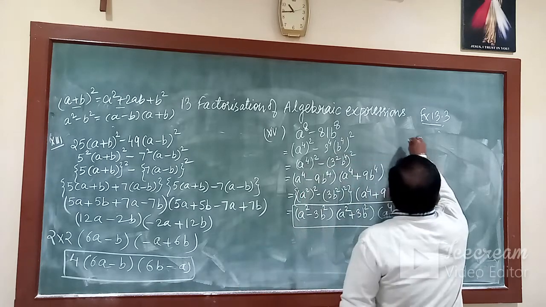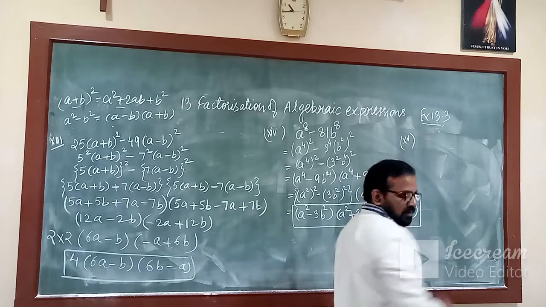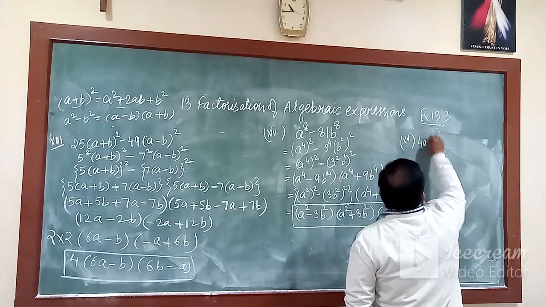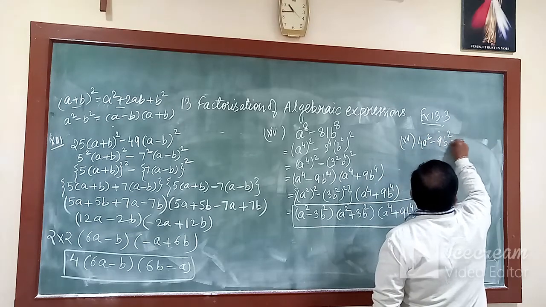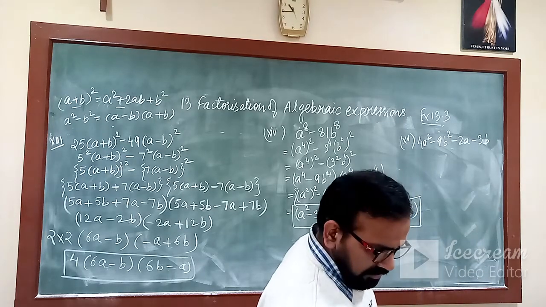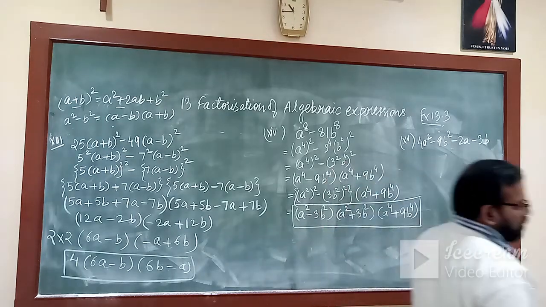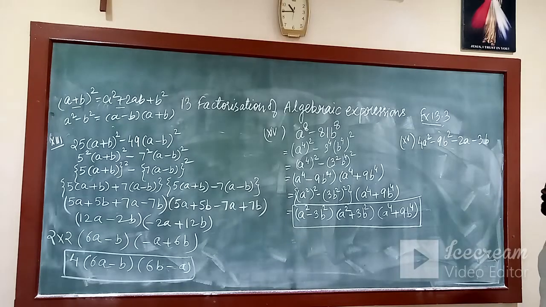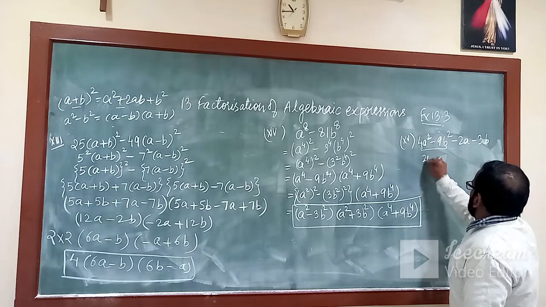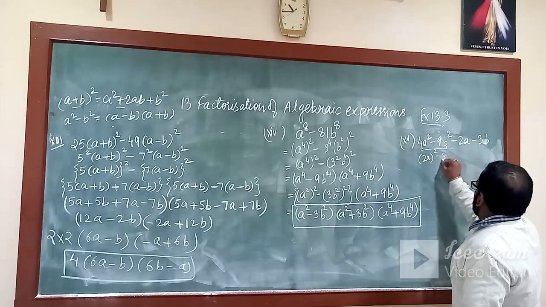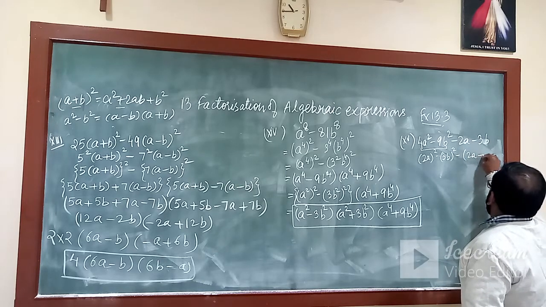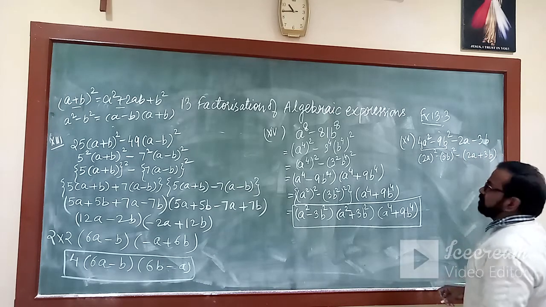Then a certain question like this, suppose it is 4a square minus 9b square minus 2a minus 3b. Okay, now in this question, how can we solve? We can factorize it like this: (2a) square minus (3b) square, minus, I will take common, so it becomes (2a plus 3b).